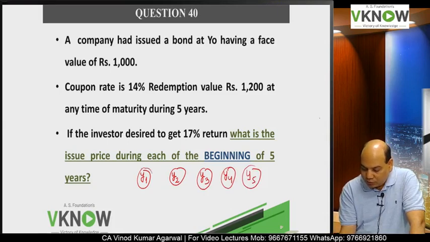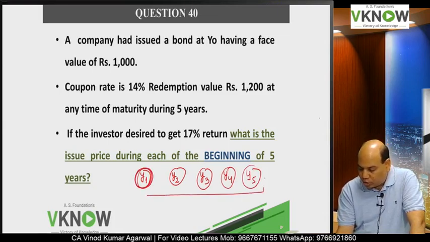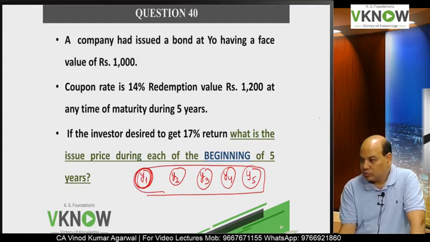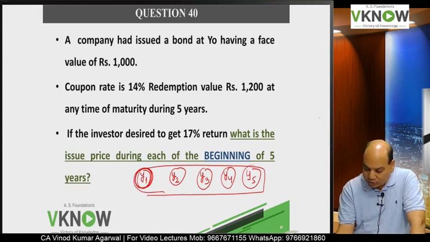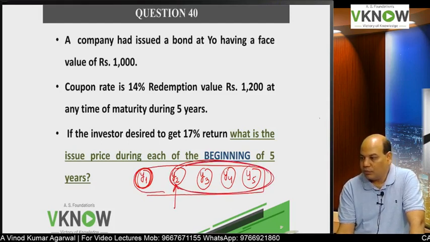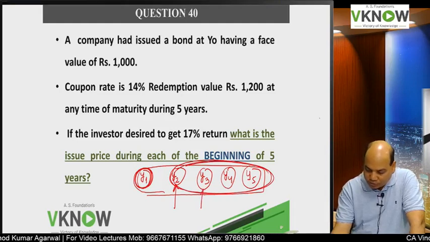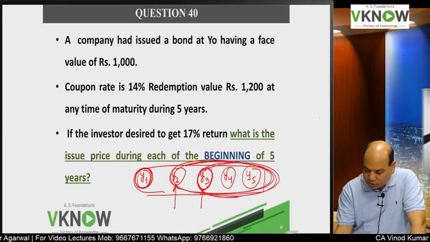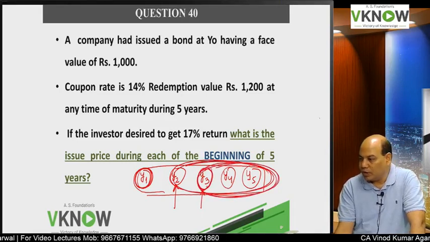If you are valuing the bond at the beginning of year 1, you will take all cash flows which the bond will generate. If you are valuing at the beginning of year 2, you will take cash flow of only 4 years. At the beginning of year 3, you will value the bond on the basis of cash flow of the remaining 3 years.